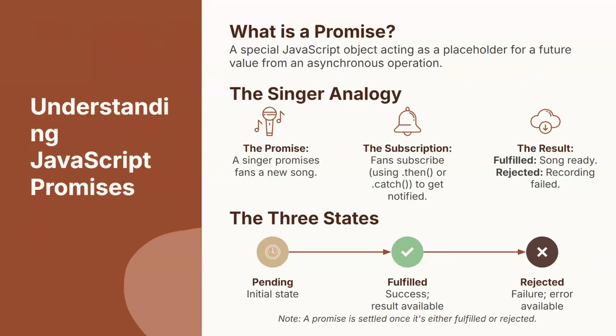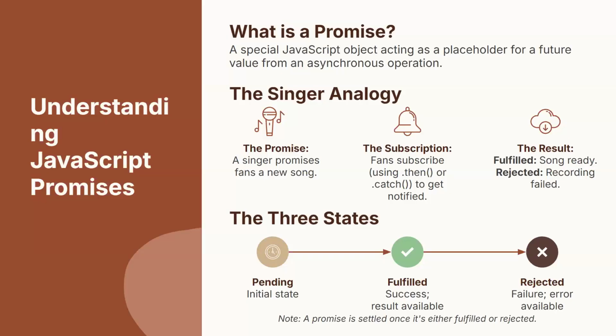So think of it this way. Let's say you're waiting on your favorite singer to release a new song, and you're one of the many fans wondering when they will release it. And then the singer tells you, I will put it out as soon as it's ready. The fans, of course, want to be aware of that as soon as the song launches.